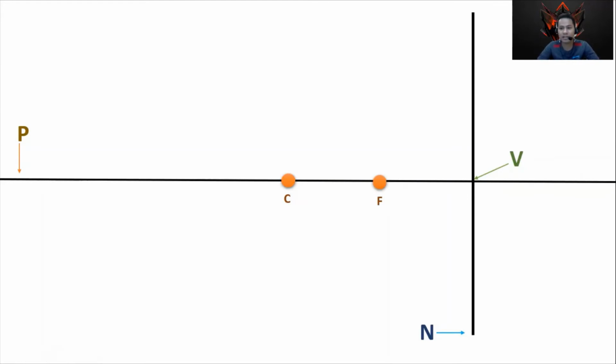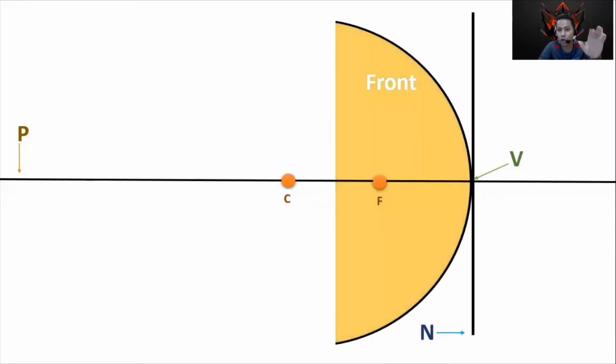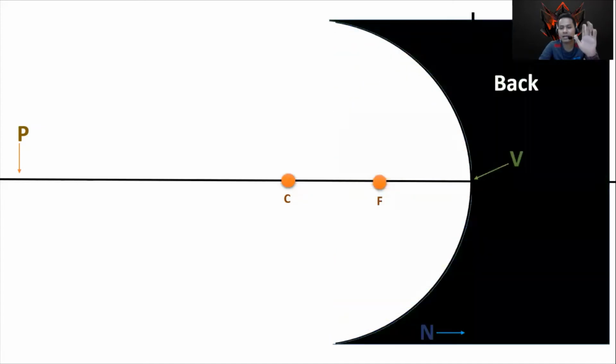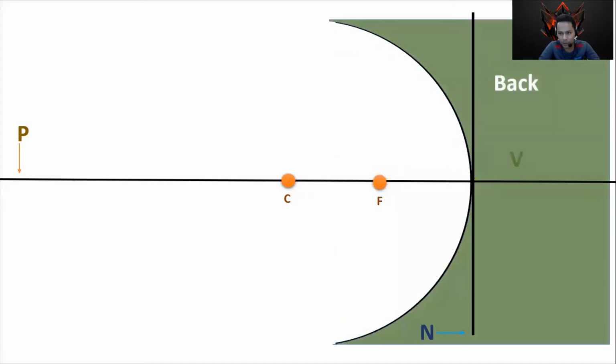Remember, you don't necessarily need to put the brackets and the measurement. Then you position the sharp part on C and the pencil part on your vertex, and trace a half circle like this. Remember that this is the front part of your mirror, and this is the back part of your mirror.